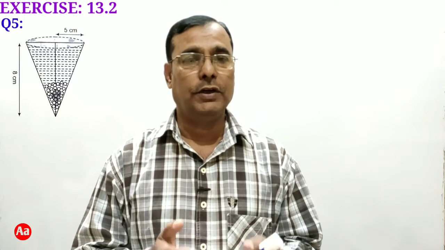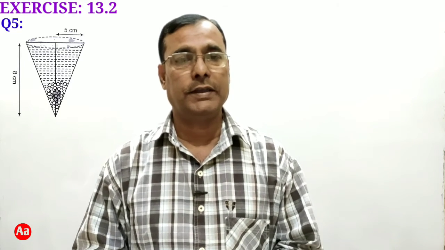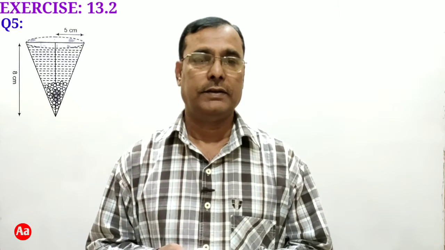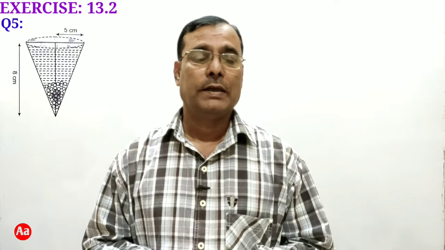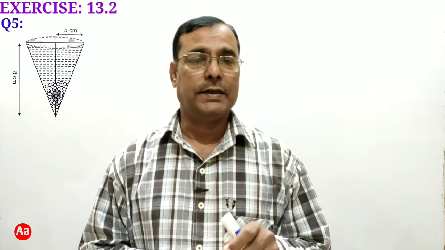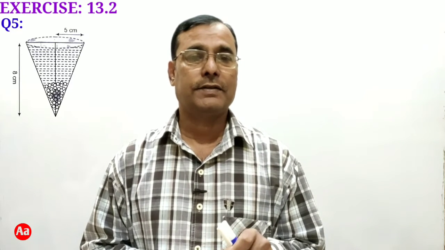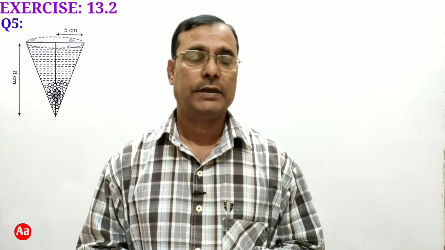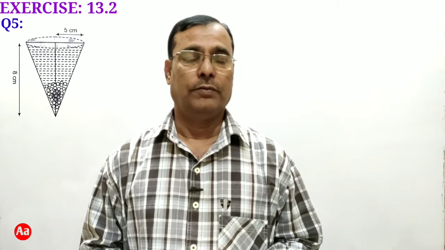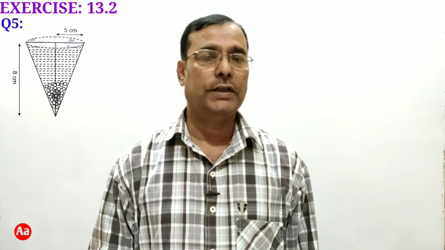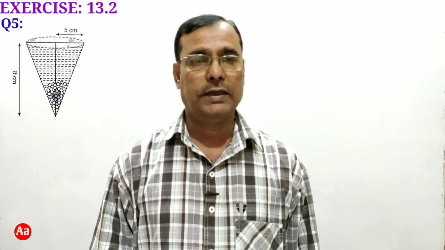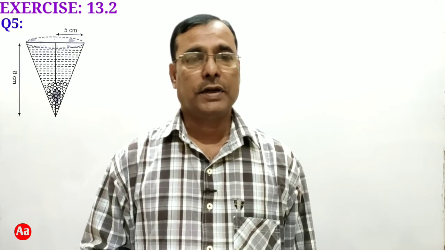Then we will find 1/4 of volume of water that flows out of the vessel, and then we will find volume of one lead spherical shot with radius 0.5 centimeter. Then we will divide volume of water that flows out by volume of one spherical lead shot. That will give number of lead shots.